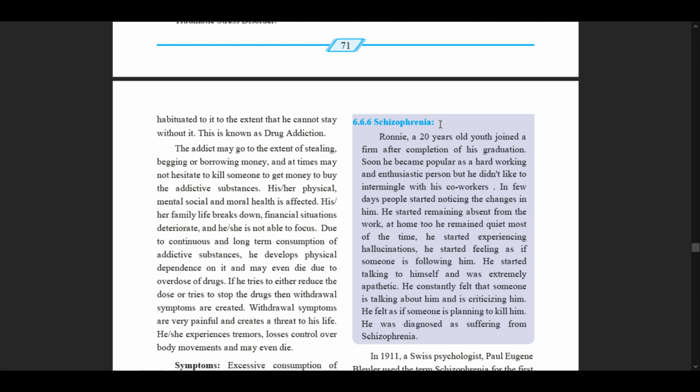Because he was a constant drinker for the past 4 to 5 years, if he stopped it suddenly, he would start trembling, he would collapse, maybe even die. So this is what addiction does to an individual, and the withdrawal symptoms are more painful than the addiction itself. So what you sow is what you reap.